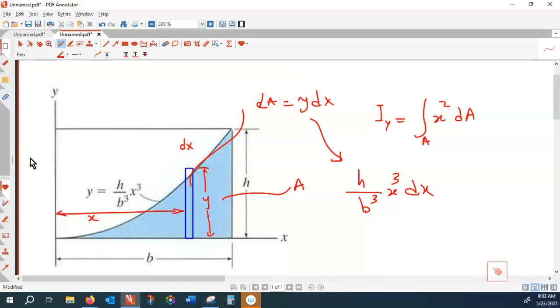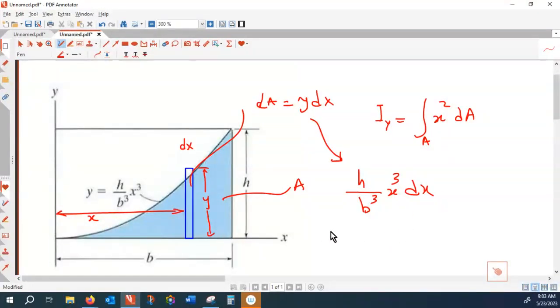You remember from calculus, there are two ways: either you take the element vertically and the scan is horizontal, or you take the elements horizontally and the scan is vertical. In this case, we decided to scan the area by taking a vertical element, and the scan is horizontal, from 0 to b.